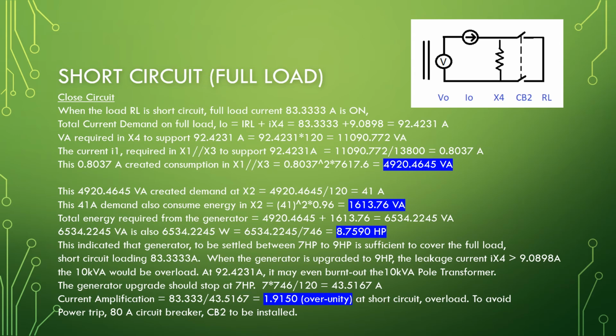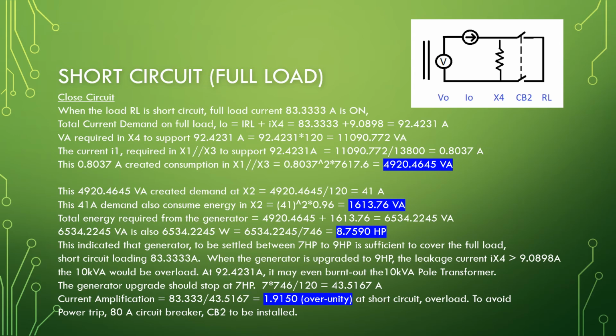VA required in X4 to support 92.4231 ampere equals 92.4231 times 120 equals 11,090.772 VA.